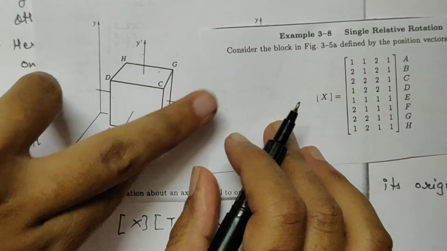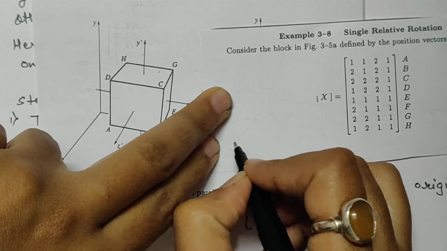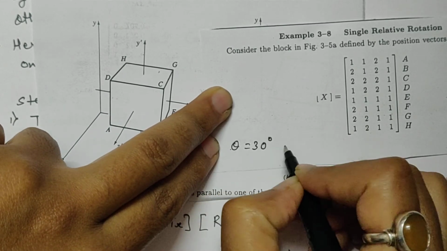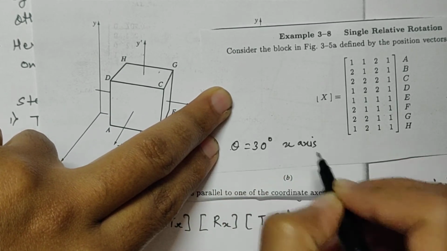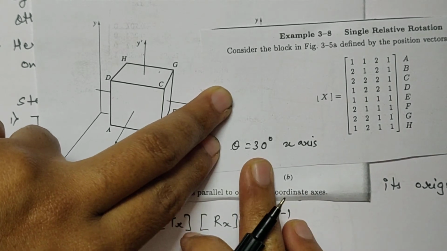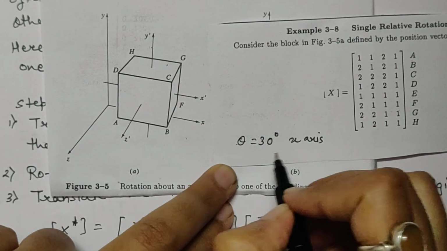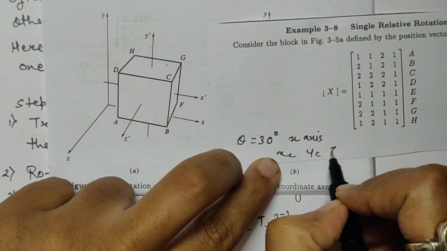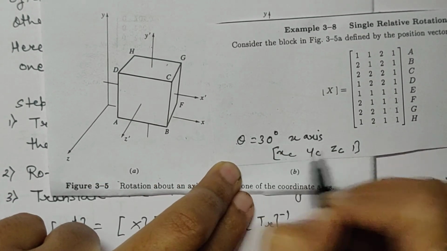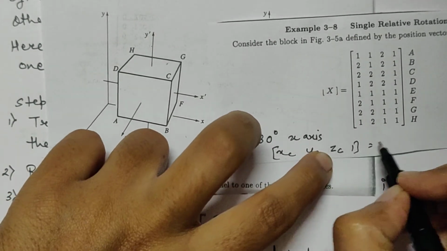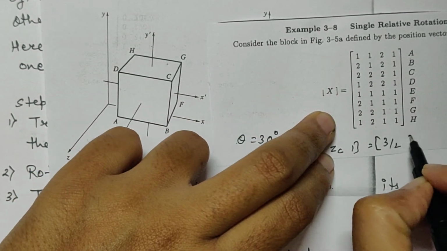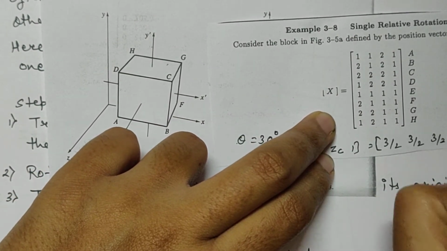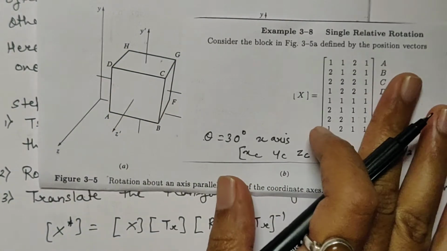In this case theta is already given, that is 30 degrees along the x-axis, and the centroid of the block is also given, that means xc, yc and zc, as a centroid matrix.